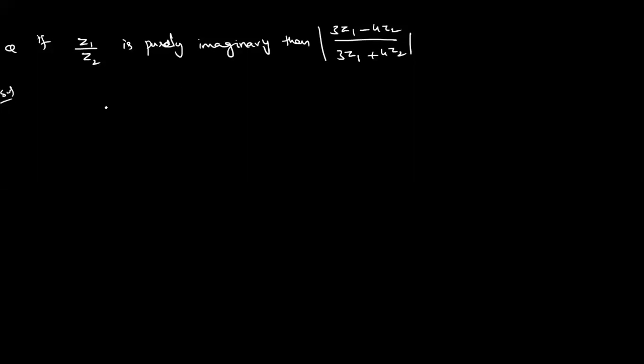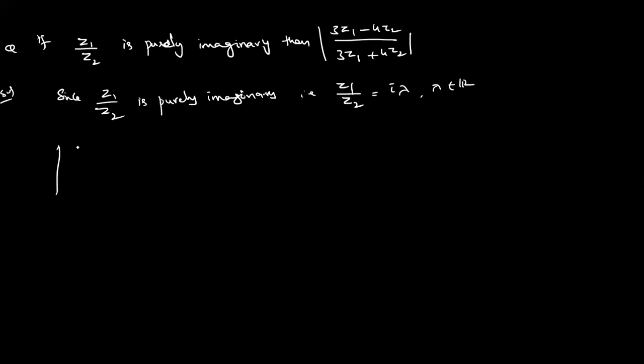Dear students, Z1 by Z2 is purely imaginary, what does that mean? Z1 by Z2 is equal to some i lambda, where lambda belongs to R. Purely imaginary means the real part is 0. Now take Z2 as a common factor.